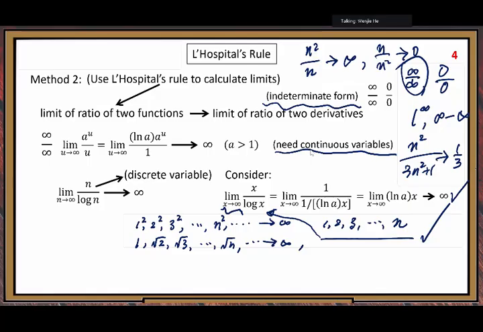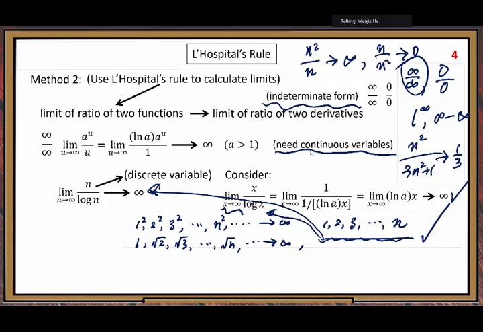But when we choose the consecutive integers, that's exactly our discrete version of the limit. So we can apply it, and we get the same answer, the limit is infinity.